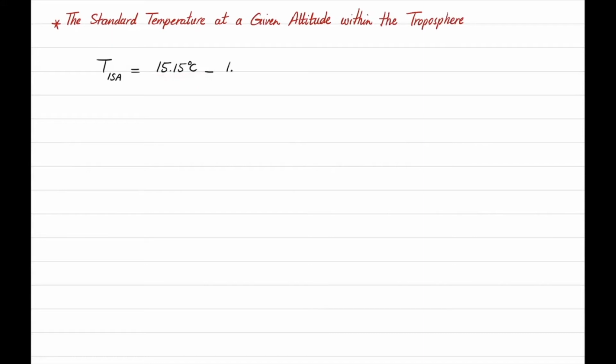It decreases 1.98 degrees Celsius with each 1,000 feet increase in altitude, and here H has to be in feet. Or we can say T is equal to 15.15 again. If we have the altitude in meters, then it decreases 6.5 degrees for each 1,000 meter increase in altitude.